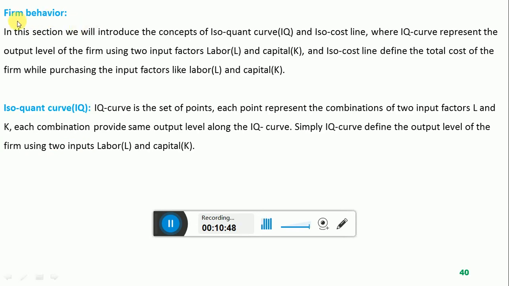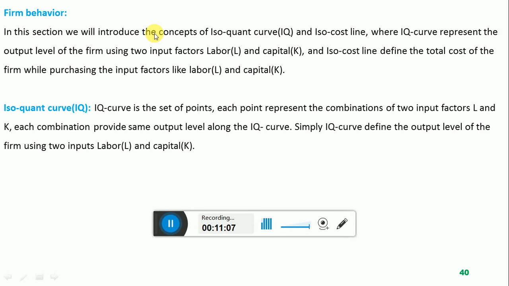Now we will switch toward firm behavior. Before this we discussed consumer behavior, and now we are switching toward firm behavior. In this section we will introduce the concepts of the isoquant curve and isocost line.